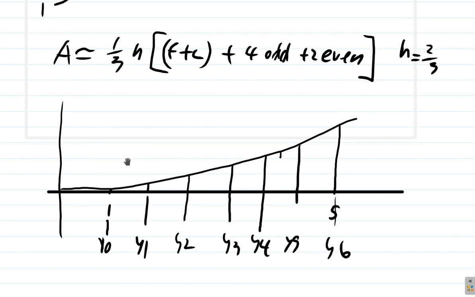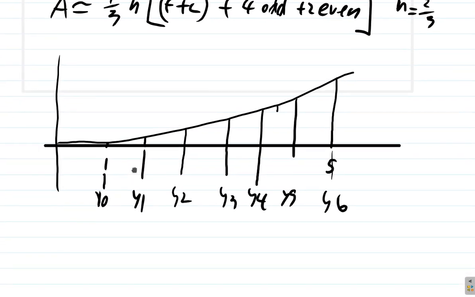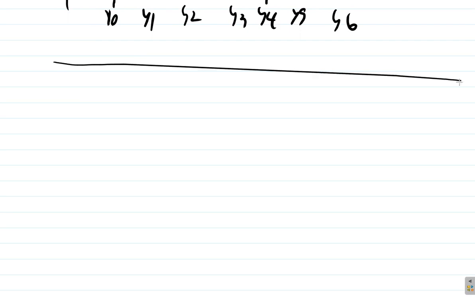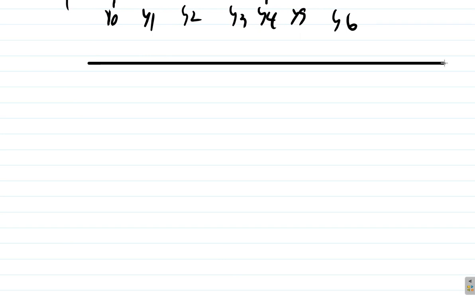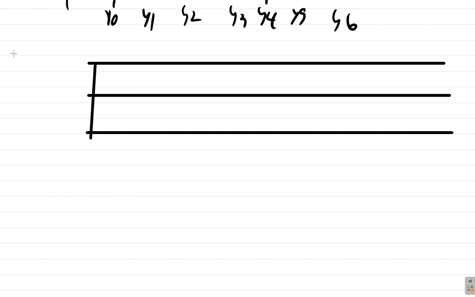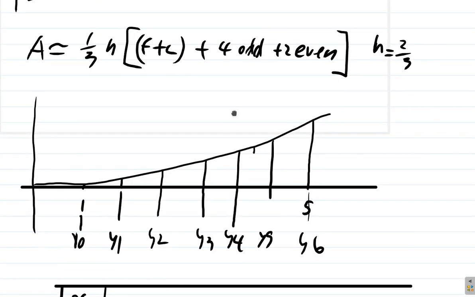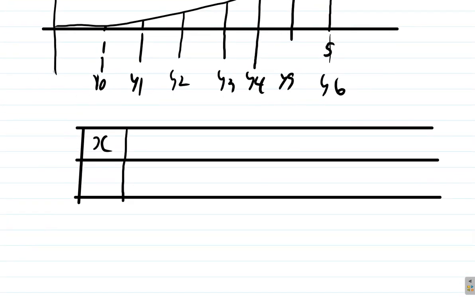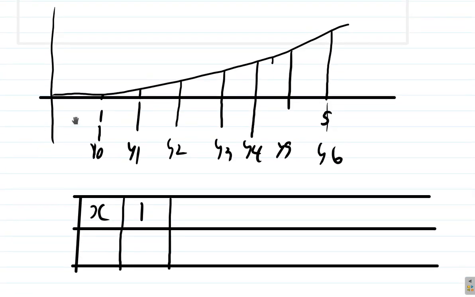We could use a table, right? If we do that, let's draw up our table. Now, we have our x values. Our x values would be 1 if we start at 1.